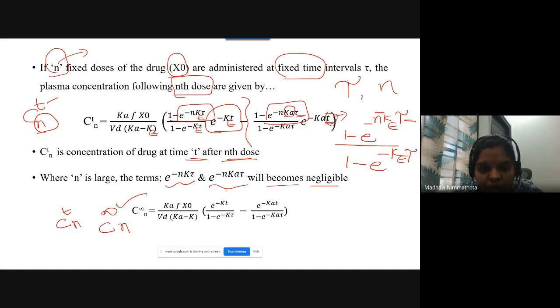Okay, then your equation will become, just write down this equation by removing e to the power of minus n Ke tau and e to the power of minus n Ka tau. So after removing these, you will get this equation.